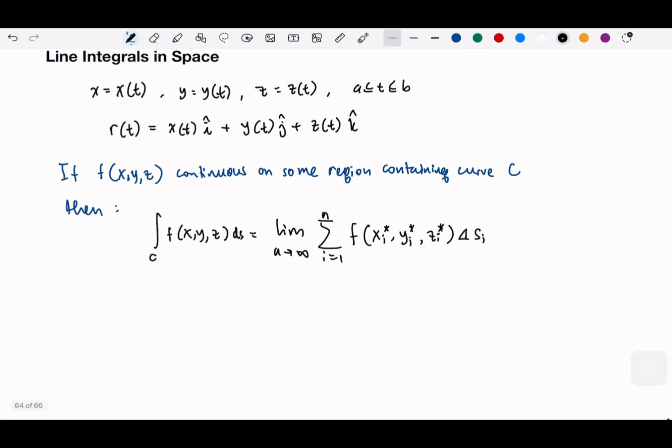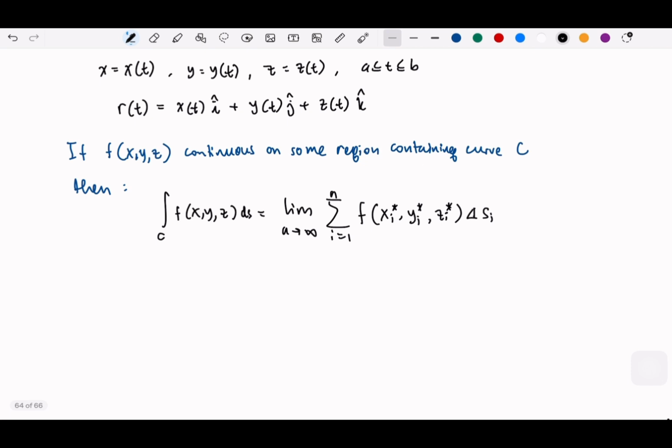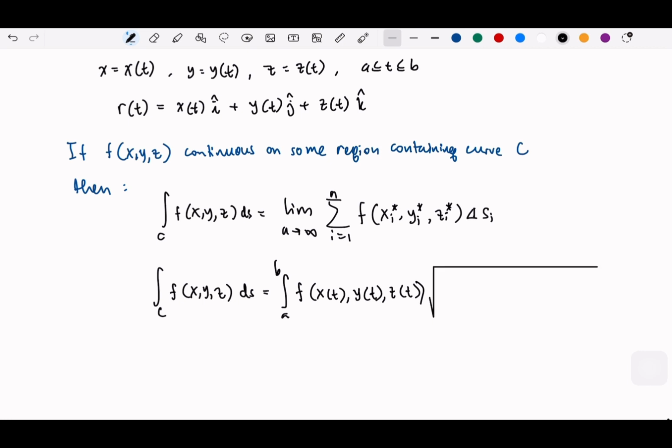Similarly, using the same formulation as in two variables, we can write the line integral, taking the arc length.